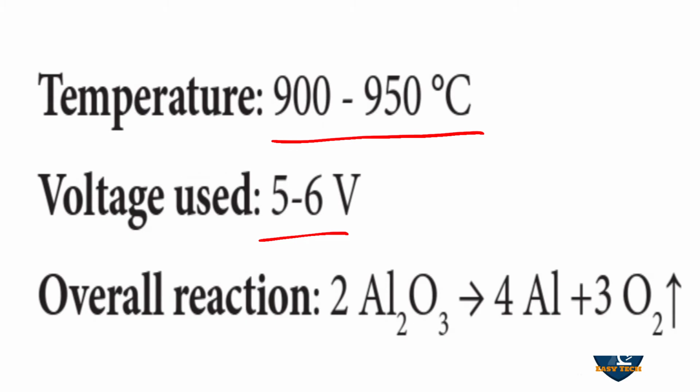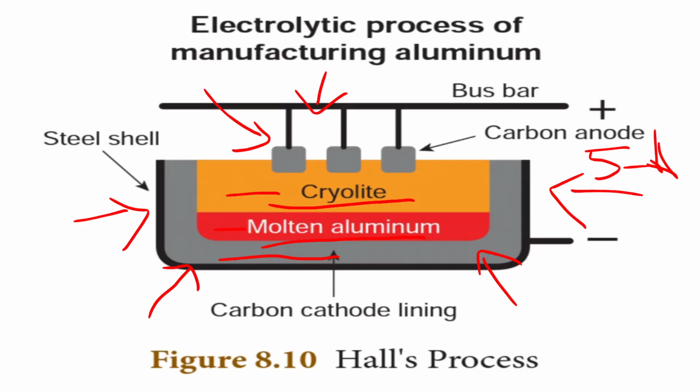The overall reaction: Al2O3 gives aluminium plus oxygen. By giving a temperature of 900 to 950 degrees Celsius and a voltage of 5 to 6 volts, the reaction takes place: Al2O3 separates into aluminium and oxygen.